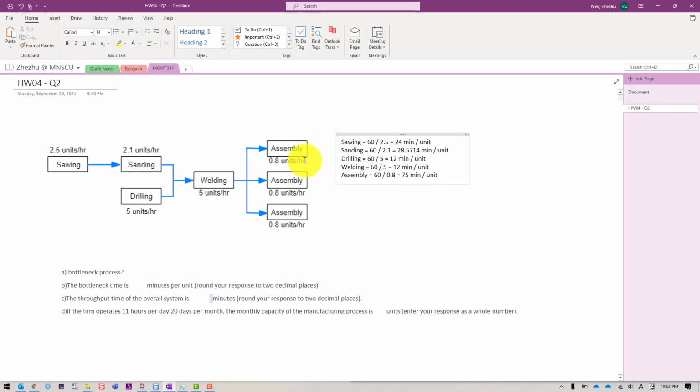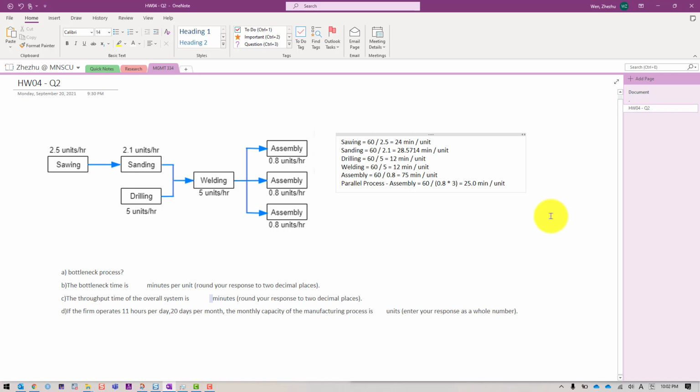But this is a parallel process, okay? Parallel process assembly. So in every 60 minutes, it is creating 2.4 units. So this is minutes per unit.